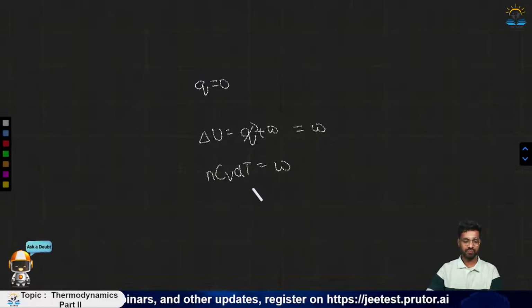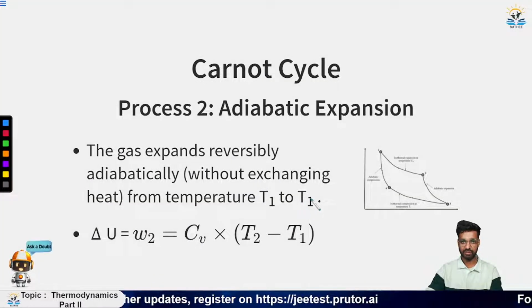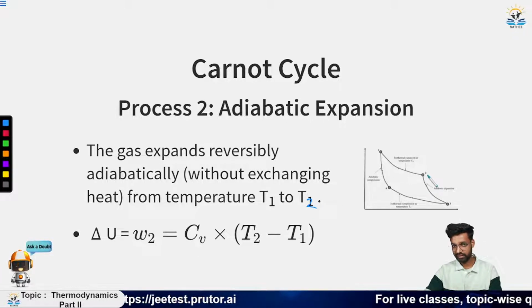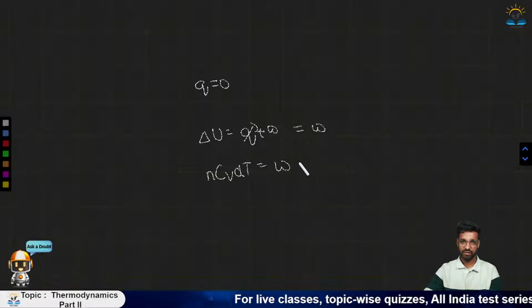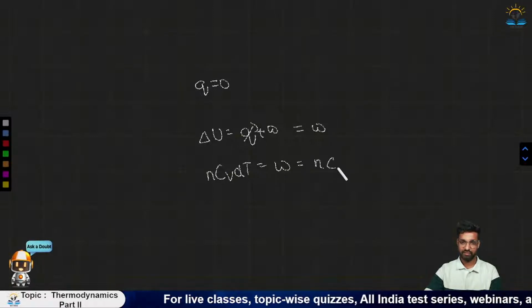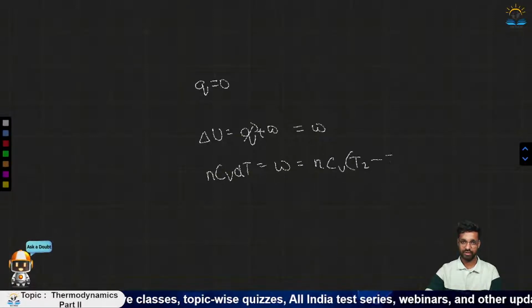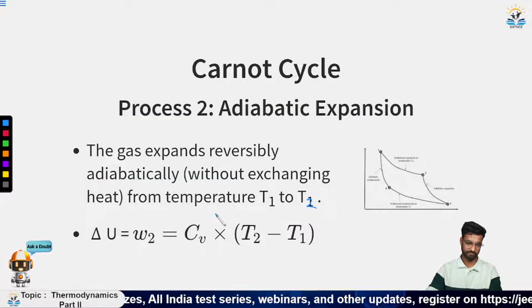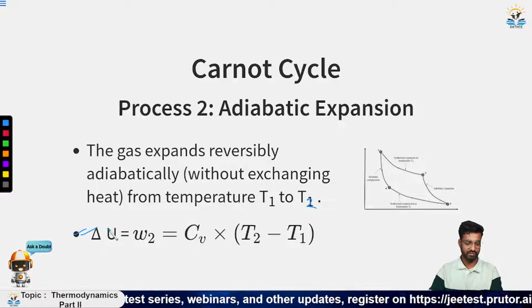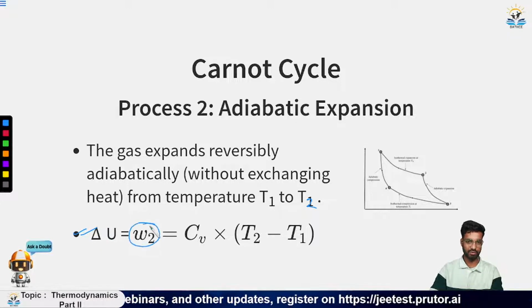Here we are moving from temperature T1 to T2. Therefore, work done will be nCv (T2 minus T1), and this will also be the internal energy change. So this is the next work done, W2.